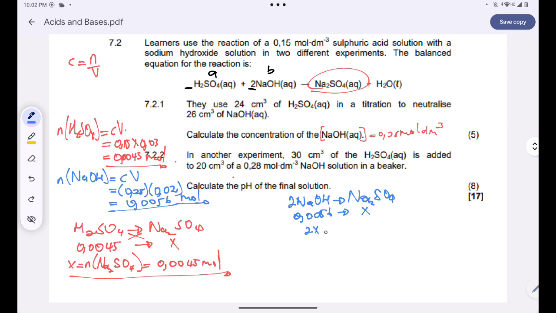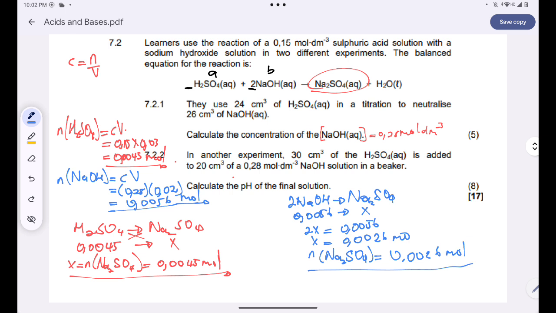I will have 2x is equal to 0.0056. Then x will be 0.0028 moles. Remember that x represents the number of moles of sodium sulfate which will be produced if I had to use the sodium hydroxide completely.